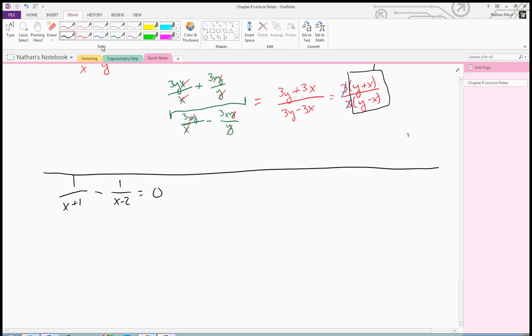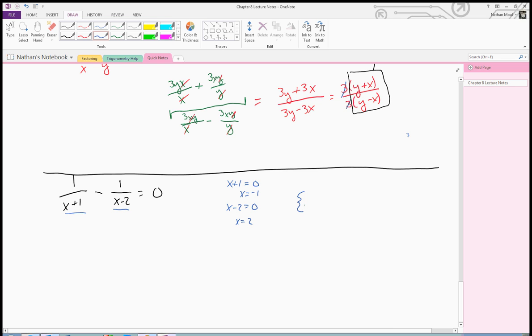But these are relatively simple and rely on one thing, and that's these denominators. All you simply do is set these equal to 0. In this case, x plus 1 equals 0 and x minus 2 equals 0. That gives us x equals -1 and x equals 2.